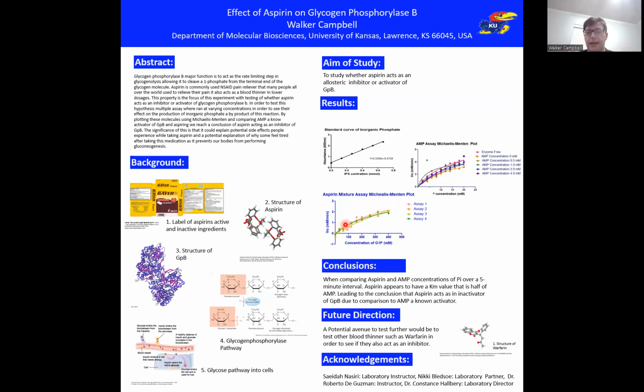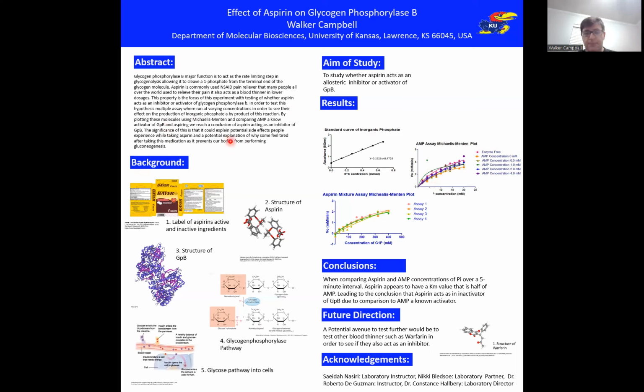So the conclusion I made was that, due to the Km values, half of the Michaelis-Menten plot of aspirin being lower than AMP, when comparing to the enzyme-free line as well as the AMP line, it looks like aspirin does act as an inhibitor and makes this process go slower than it would normally.